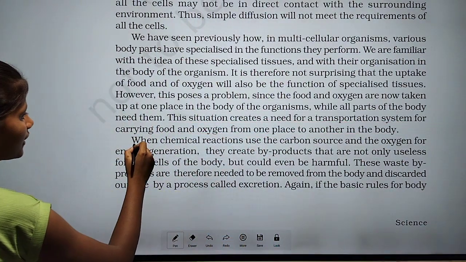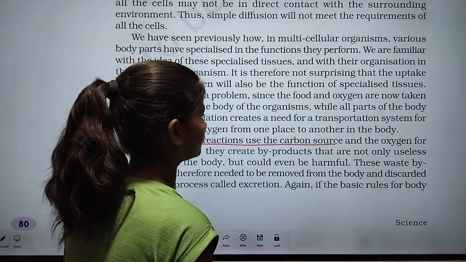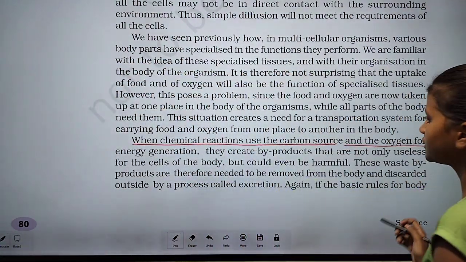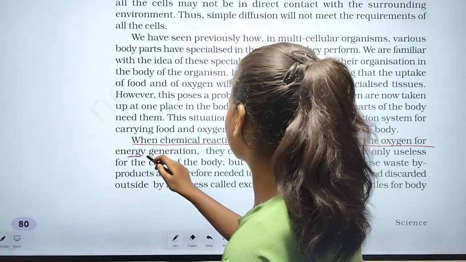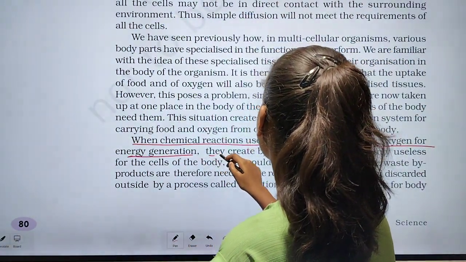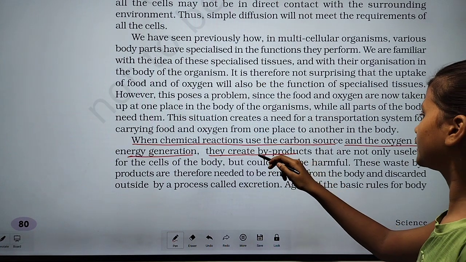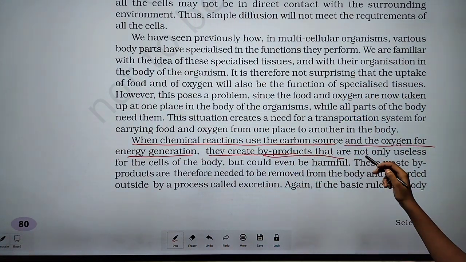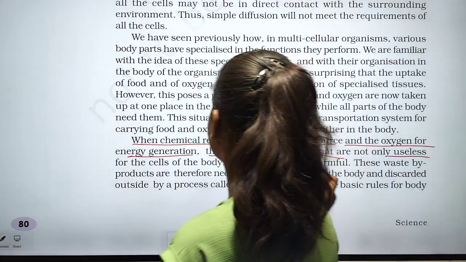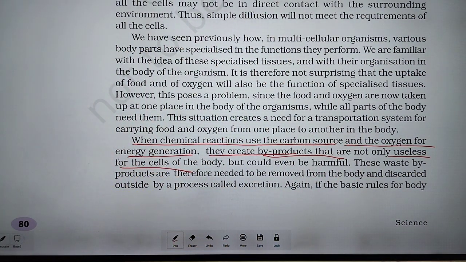When chemical reactions use the carbon source and oxygen for energy generation, they create byproducts that are not only useless for the cells of the body but could even be harmful.